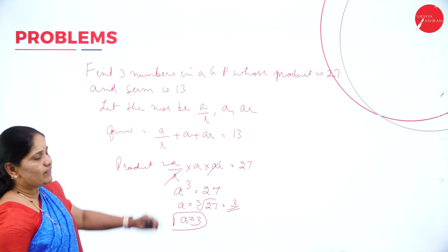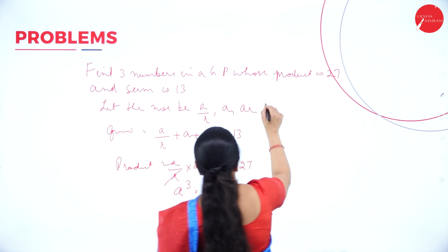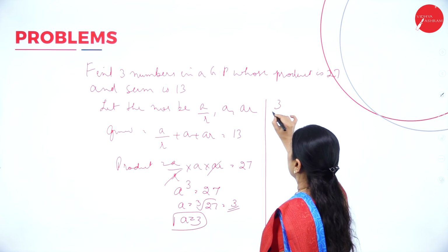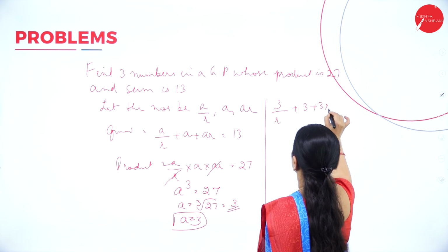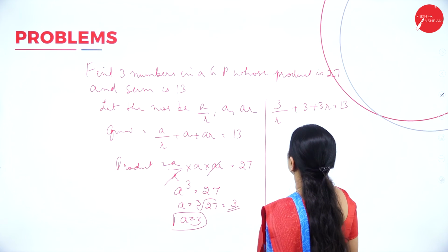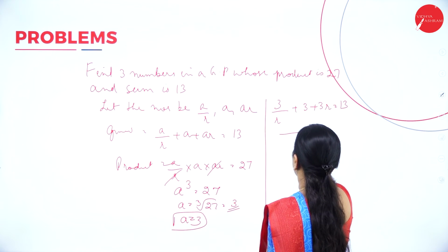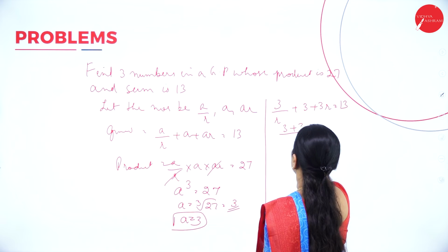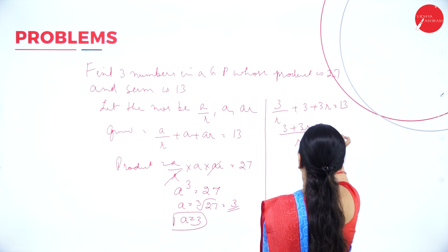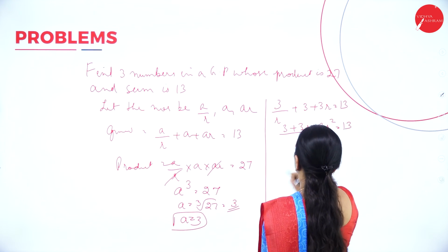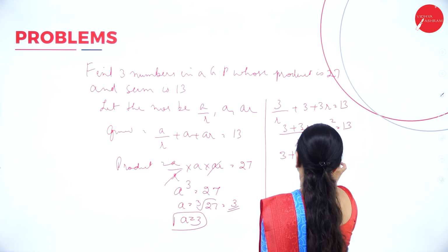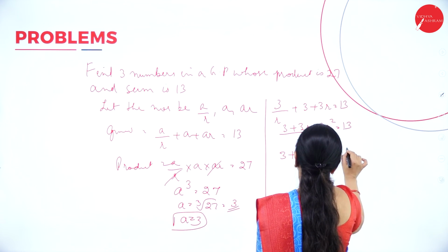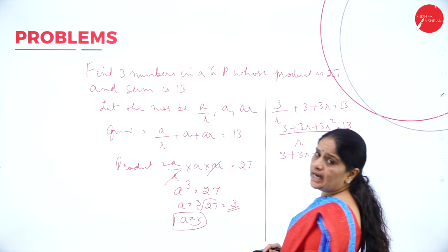Now substitute the value of A equals 3 here. So 3 by R plus 3 plus 3R equals 13. So R is common. 3 plus 3R plus 3R square equals 13R.